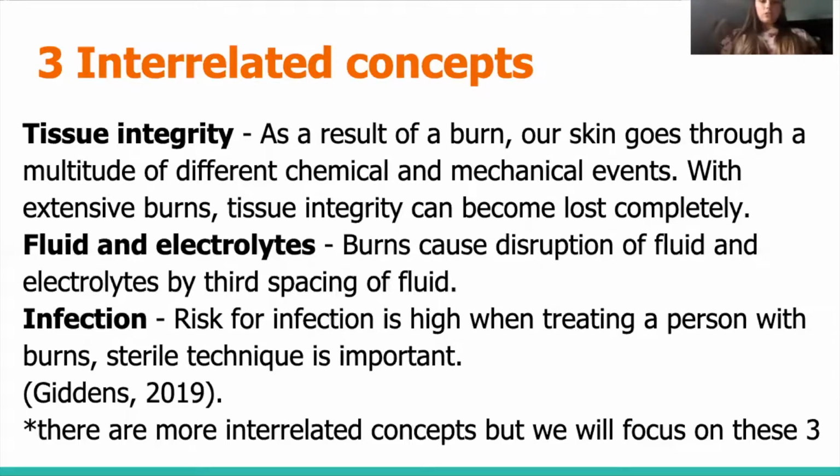And then we chose fluid and electrolytes because burns can cause a disruption of fluid and electrolytes by third spacing of fluid. And then we chose infection because the risk for infection is high when treating a person with burns, and sterile technique is important. There are more interrelated concepts, but we just chose to focus on these three because we felt that they applied the most.